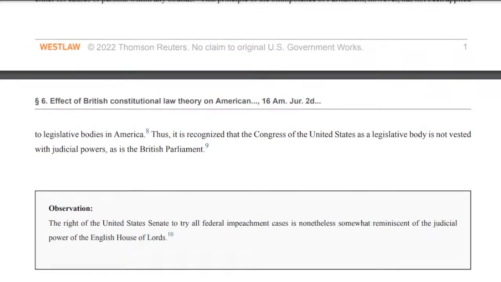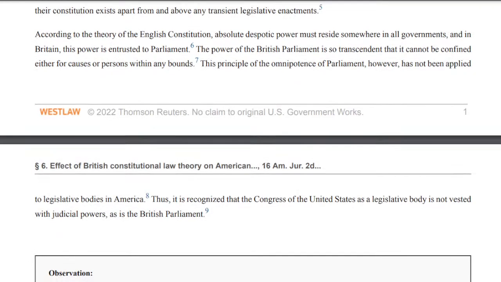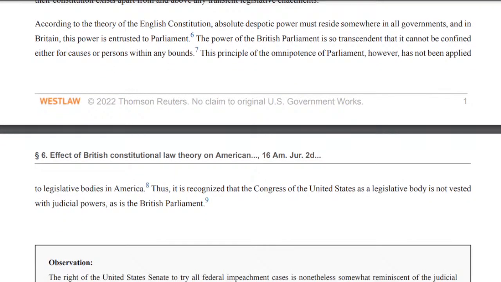And one of the biggest differences we came across here was that according to the theory of the English Constitution, absolute despotic power must reside somewhere in all governments. And in Britain, this power is entrusted to Parliament. The power of the British Parliament is so transcendent that it cannot be confined for either causes or persons within any bounds.